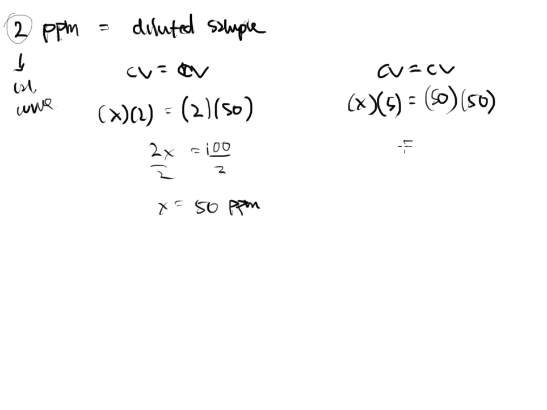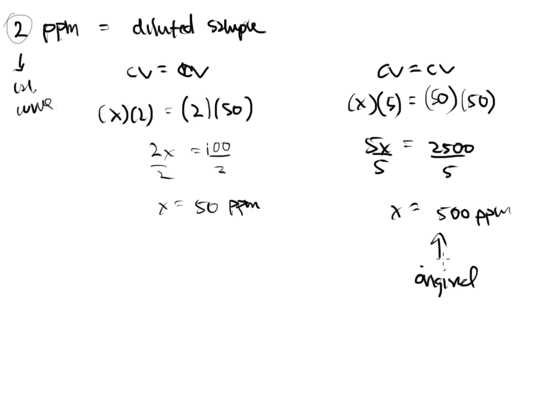All right, so 50 times 50, and then that gives me 5x. I'm going to divide by 5, and x is going to be around 500 part per million. And this represents my original. So 2 back dilutions are going to be required. And that's how we'll do them.